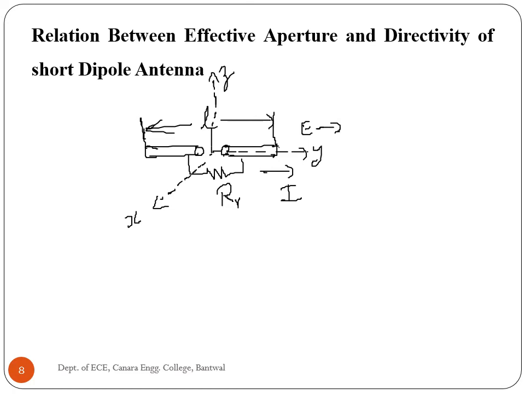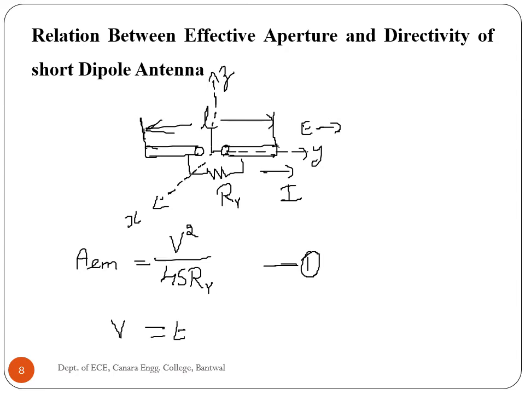We know that maximum effective aperture is equal to V square divided by 4SRR. Induced voltage V is the product of effective electric field intensity and its length.